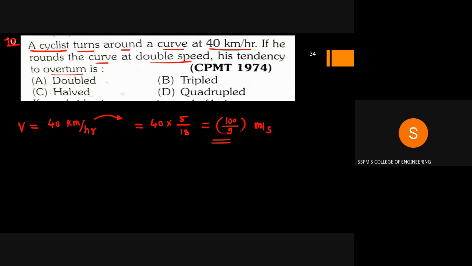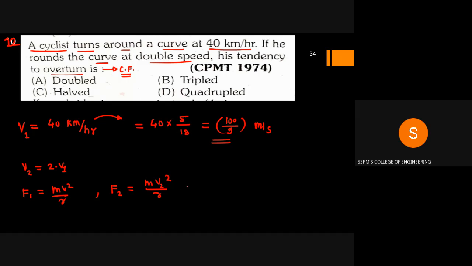So if the rider is moving at this speed, and if he rounds the curve at double speed, so if the speed is increased, let us take this as v1. v2 is equal to 2 into v1. So the tendency of overturn depends on the centrifugal force. So initial force is F1, which is equal to m v square upon r, and when the speed is doubled, its centrifugal force is m v2 square upon r.